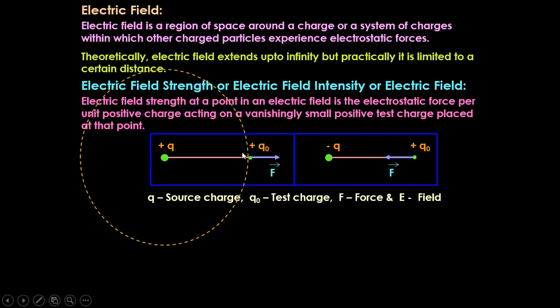If this charge is negative, then it gets attracted towards the source charge. In this way, it is going to experience either attractive or repulsive force depending upon the type of charge you are taking. So in this way, I am defining electric field as a space around the source charge in which this charge is going to experience electrostatic force.